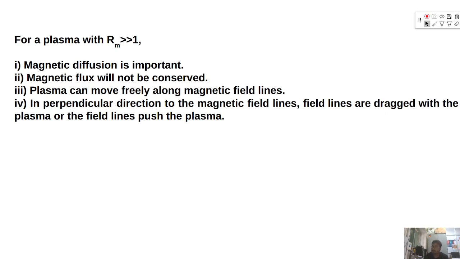You know about the Reynolds number, right? Here Rm is the magnetic Reynolds number, because we are in the MHD regime where the magnetic field is included. To find Rm, you need to consider the magnetic induction equation, which is del B by del t equals curl of v cross B, and then you have eta del square B. So this is your induction equation.